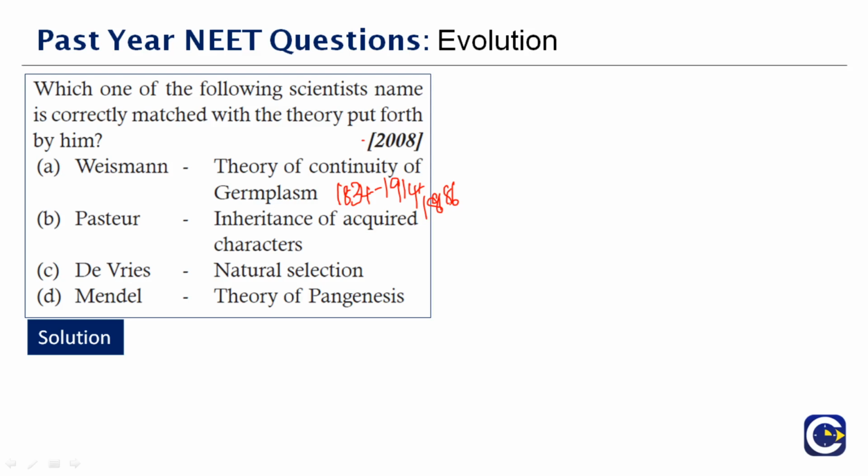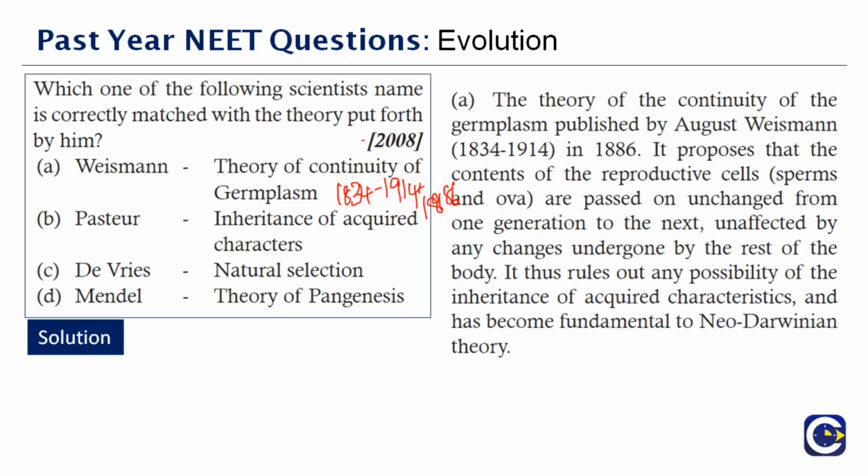It thus rules out the possibility of the inheritance of acquired characteristics and has become fundamental to the neo-Darwinian theory. So which one is correctly matched out of the four? If you see, it is option A. So August Weismann was the one who put forth the theory of continuity of germplasm.